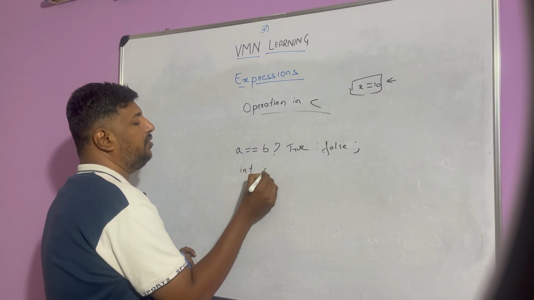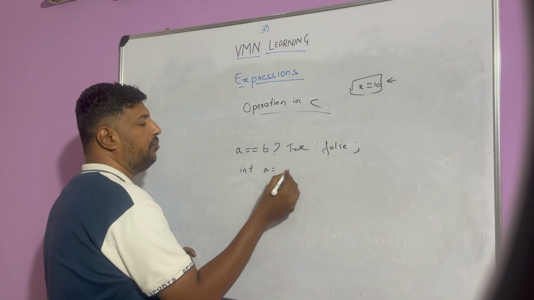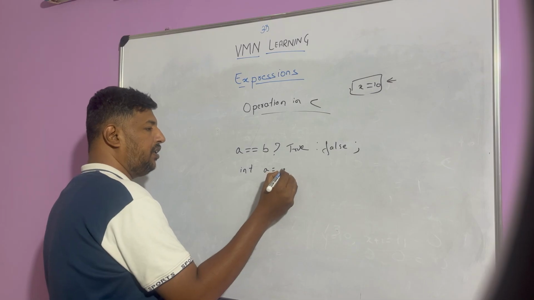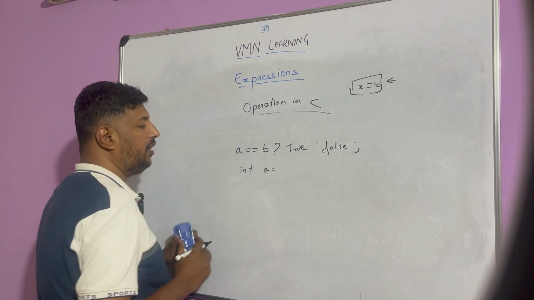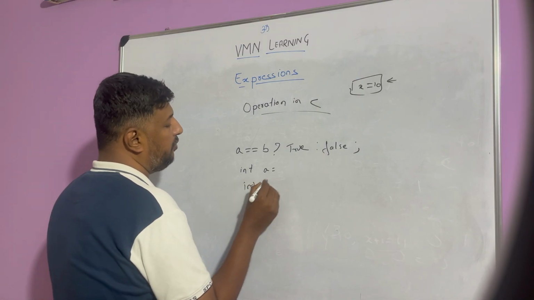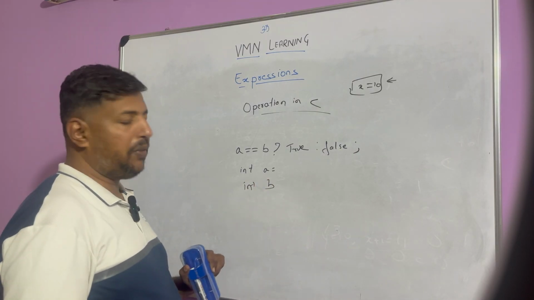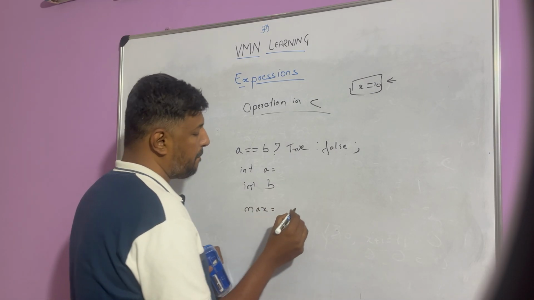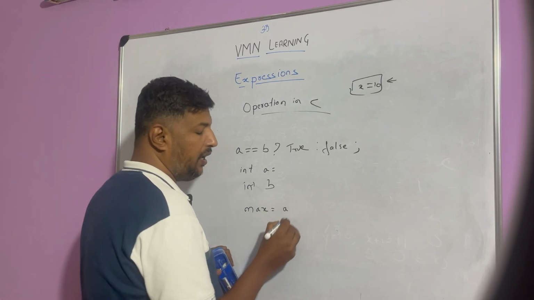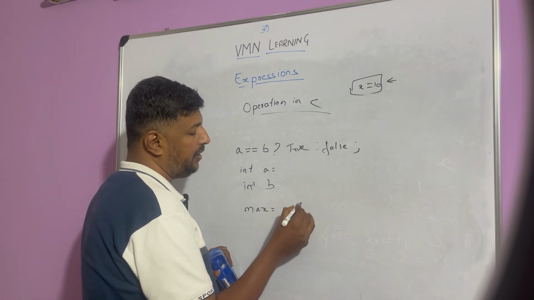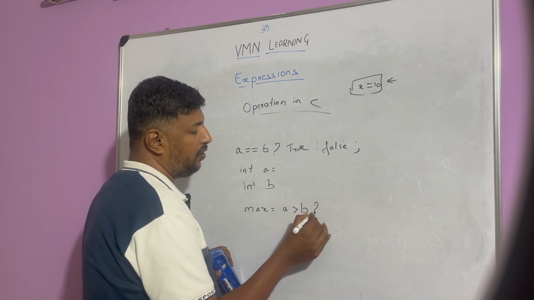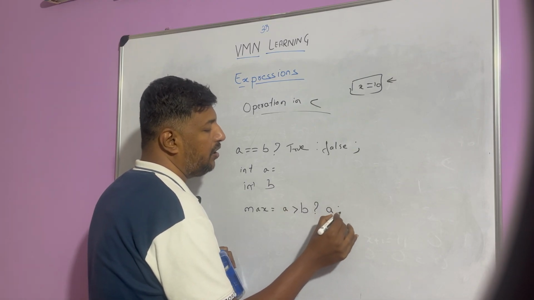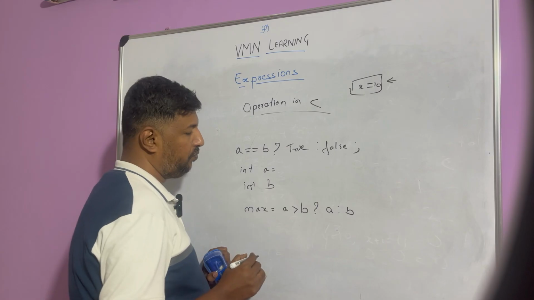Int A, we take the value from the user. Int B, we also take the value from the user. We have to find out the max. So if I say max, if A is greater than B, question mark, A is greater or B is greater.